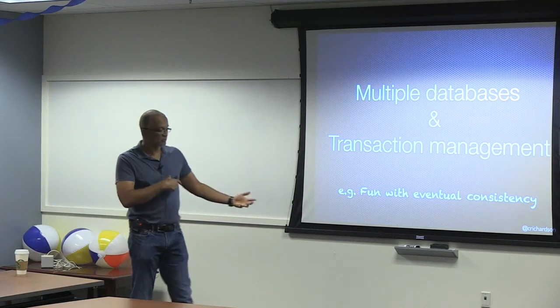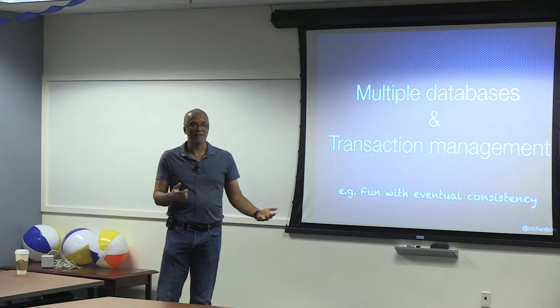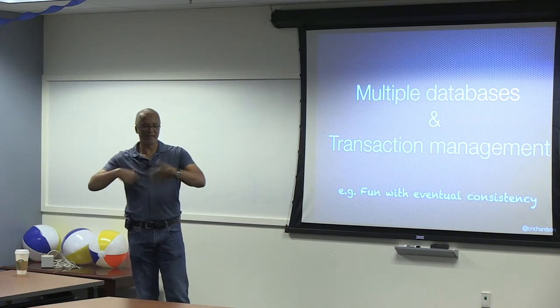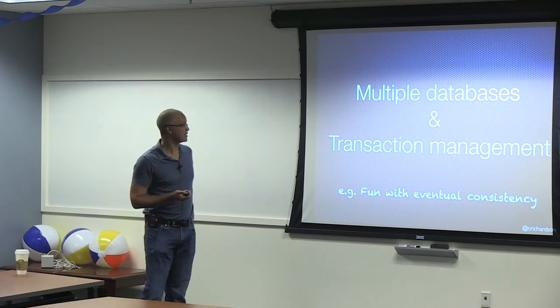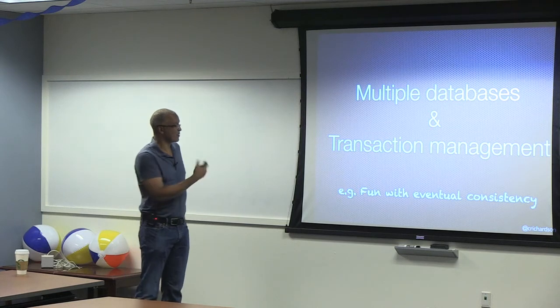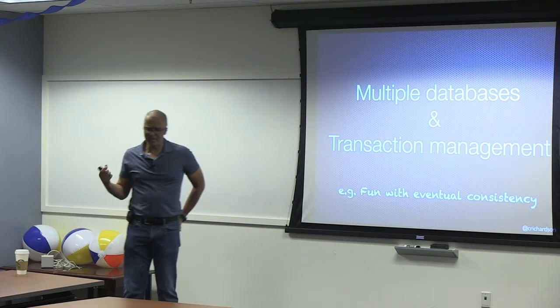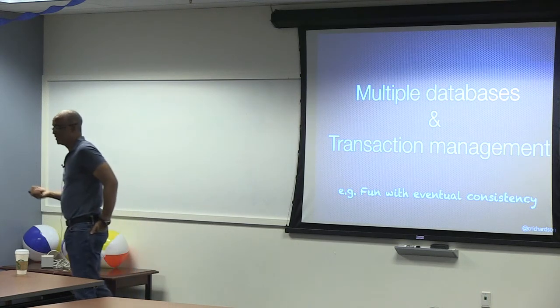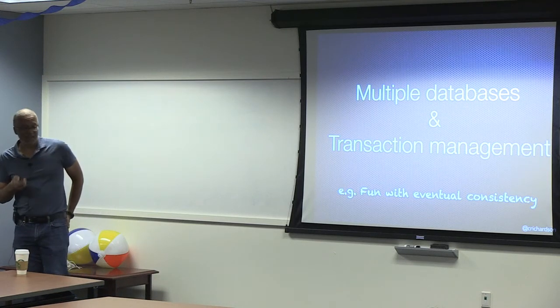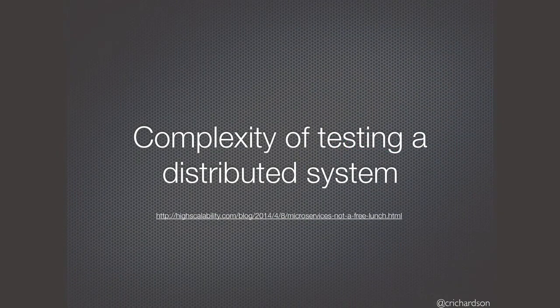In the old school, we would use two-phase commit for that, right? But that's completely out of fashion these days. And so instead of an ACID model, we end up with an eventually consistent model, which adds complexity.